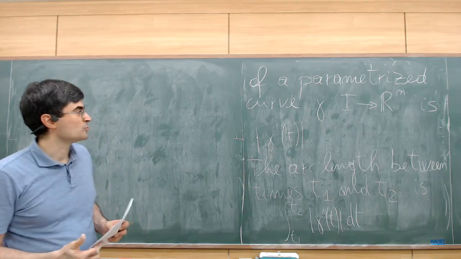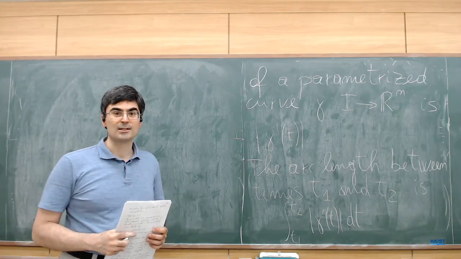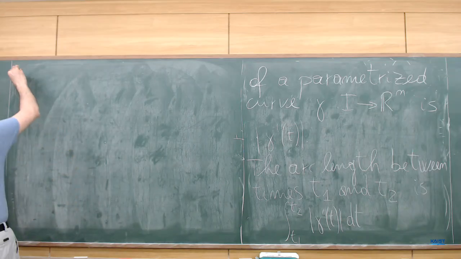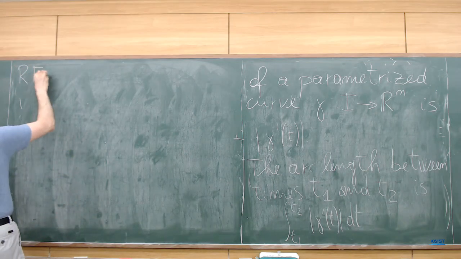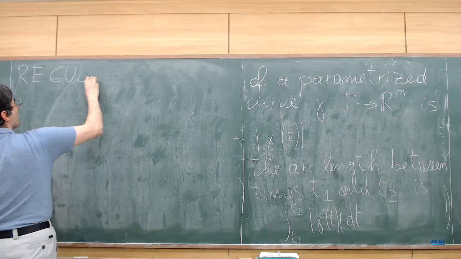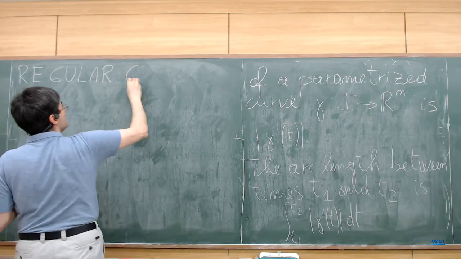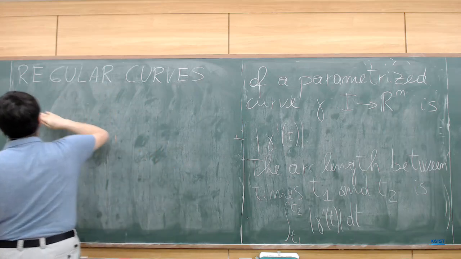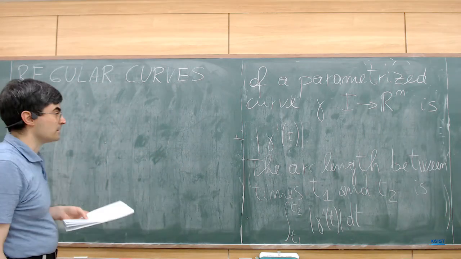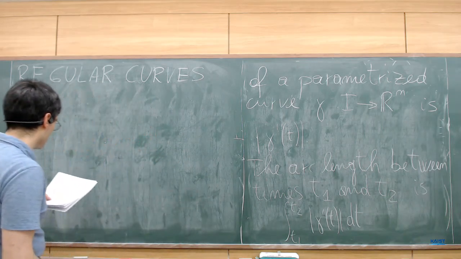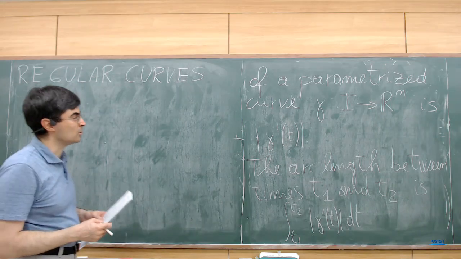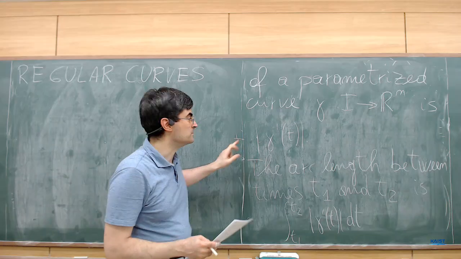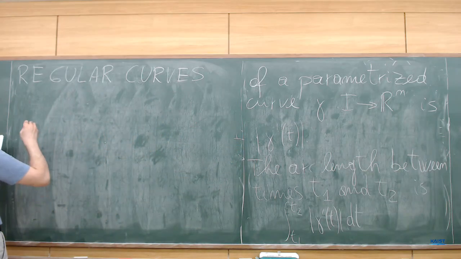Now I will introduce a special class of curves known as regular curves. These curves have the property of having speed always non-zero. So let's write down the definition.